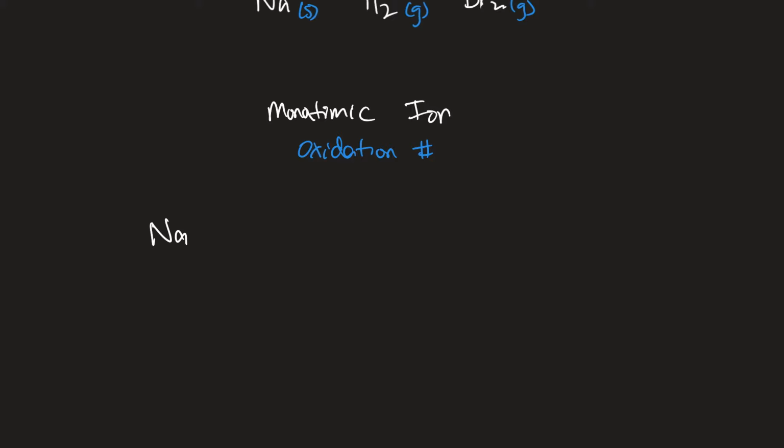So for example, if you have sodium ion, Na+, then the oxidation number is +1. If we have Ca2+, the oxidation number for calcium is +2. The chloride ion has an oxidation number of -1. The oxide ion, which has a 2 negative charge, has an oxidation number of -2. So if you have a monatomic ion, then the oxidation number is whatever the charge is.